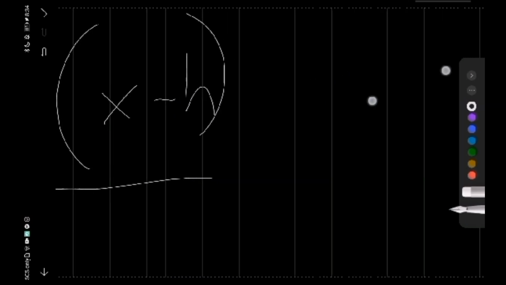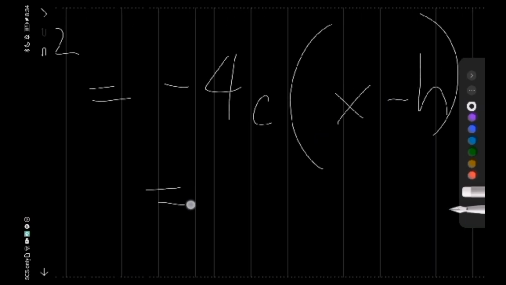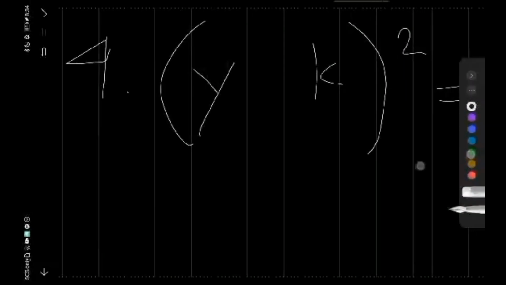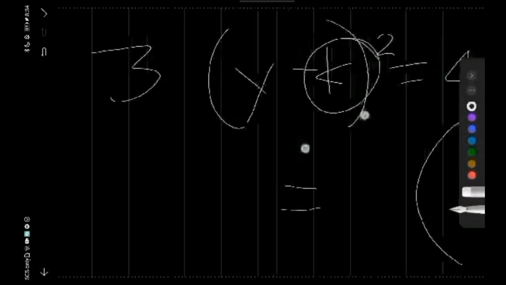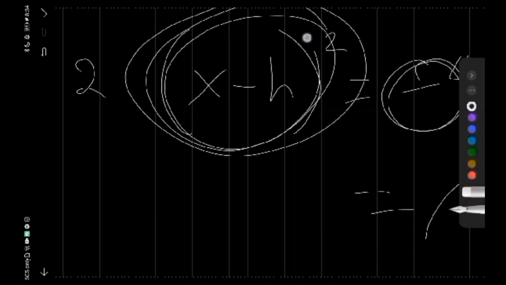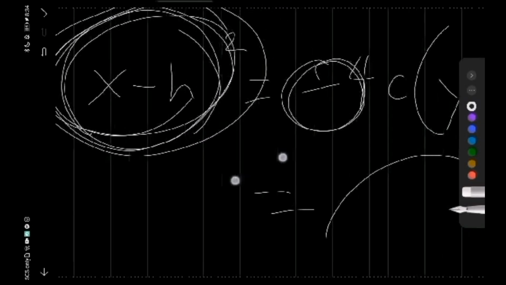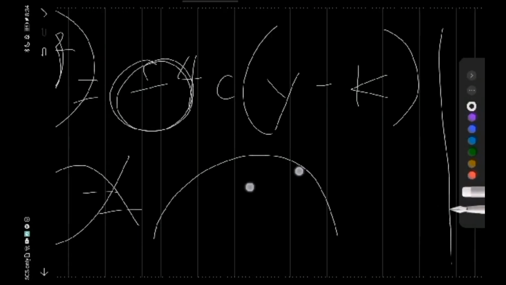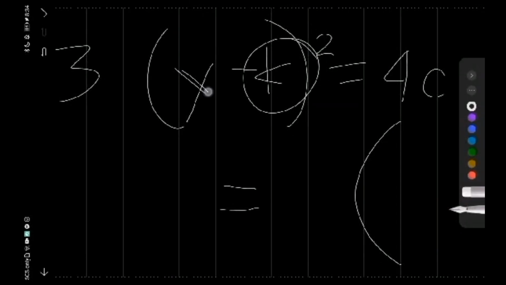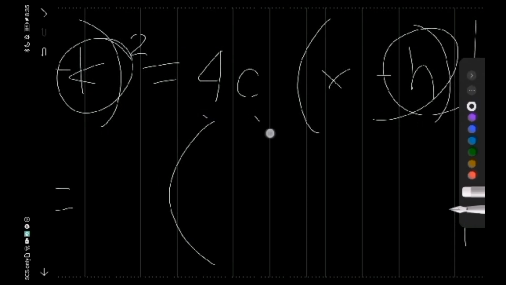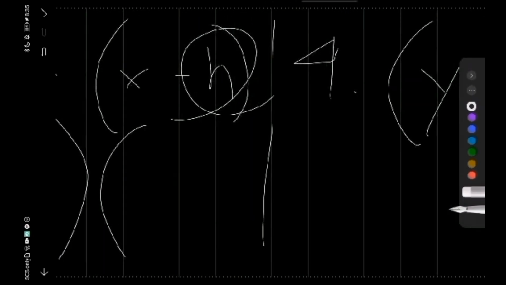This one opens to the left. So basically, when x is squared, the parabola opens up or down. When y is squared, the parabola opens left or right.